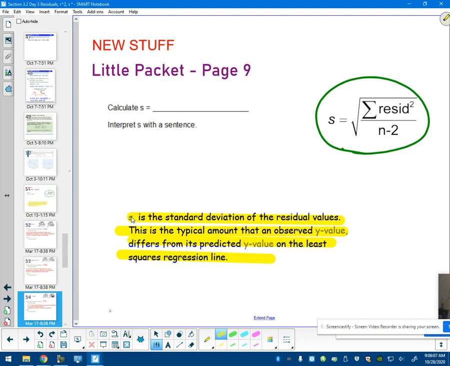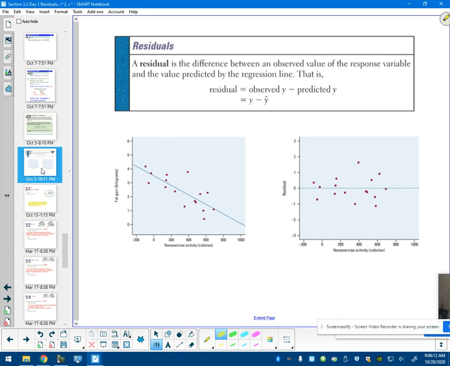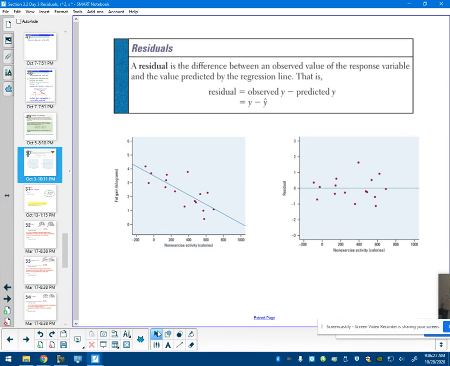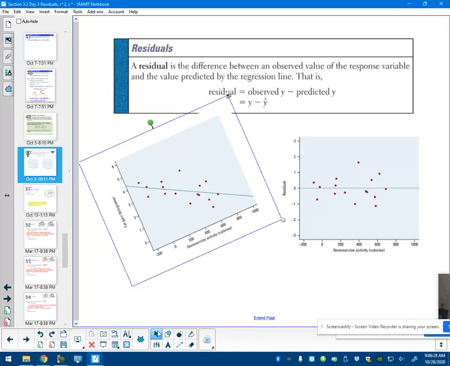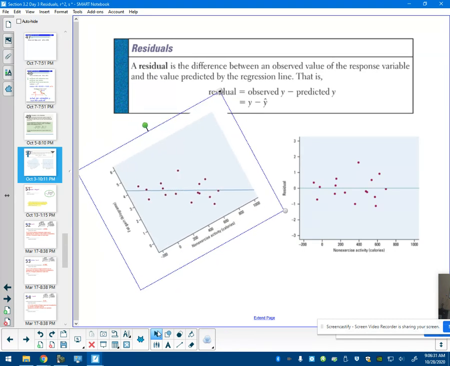And I will show you what we're actually doing to make a residual plot, and tomorrow we'll actually do it in our calculators. This first graph is a least squares regression plot, and if you take that plot and rotate it so that your regression line is horizontal and then zoom in a little bit, that's how you get a residual plot.